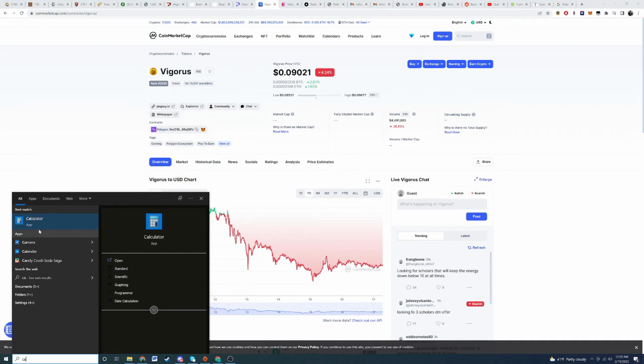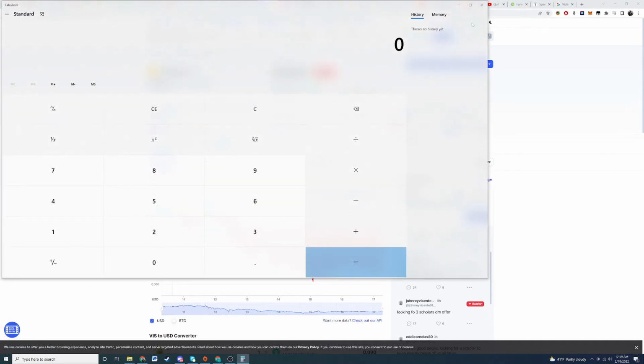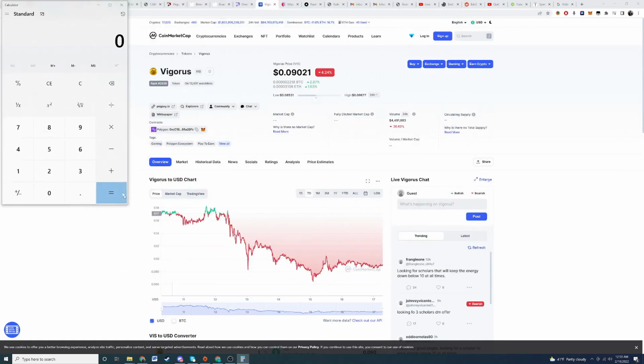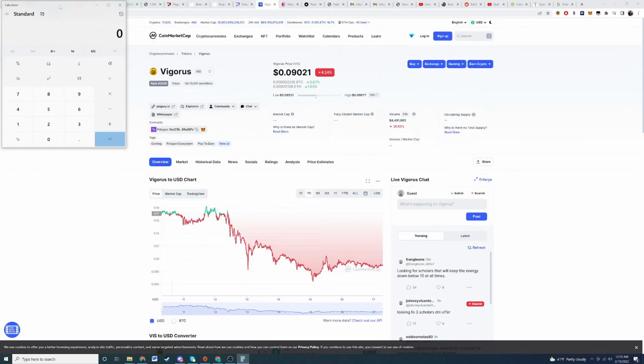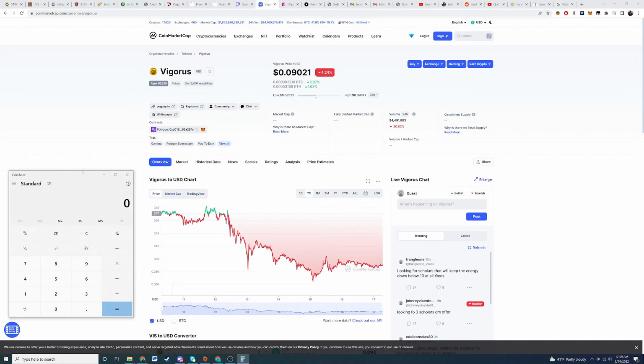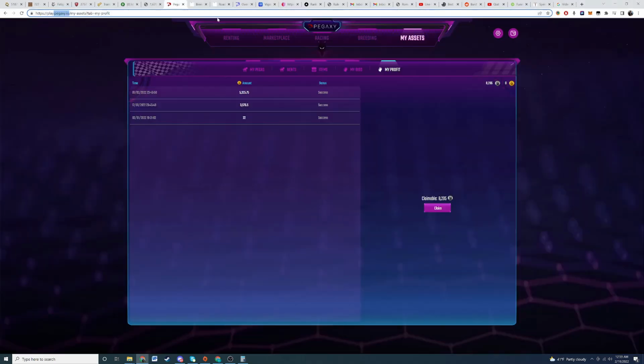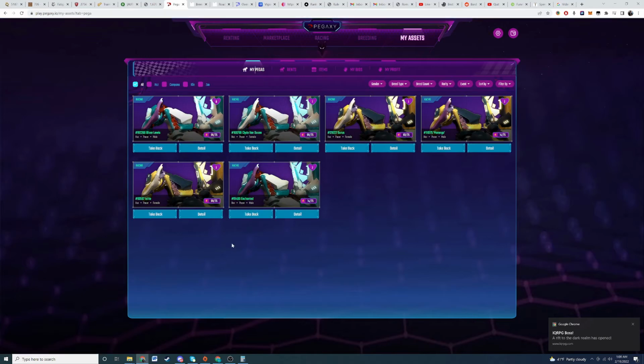So we'll bring up a calculator here, and we'll resize this bugger to be a little more manageable while we can still see other stuff. Okay, so I began by purchasing 2 Pegaxy for $1,600 a piece. So I'm in $3,200. At this point, we're going to go and take a look at my Pegas.